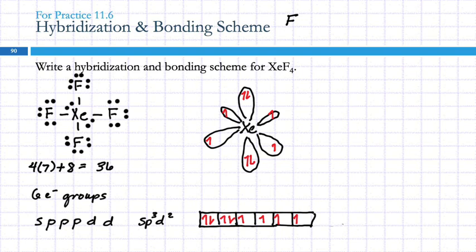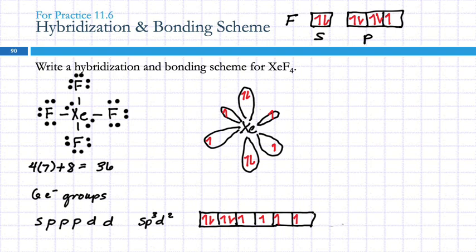Well, we're going to assume that fluorine is not hybridizing its orbitals. So it has just regular s and p orbitals. And how many valence electrons does fluorine have? 7. So we'd fill these 1, 2, 3, 4, 5, 6, 7.